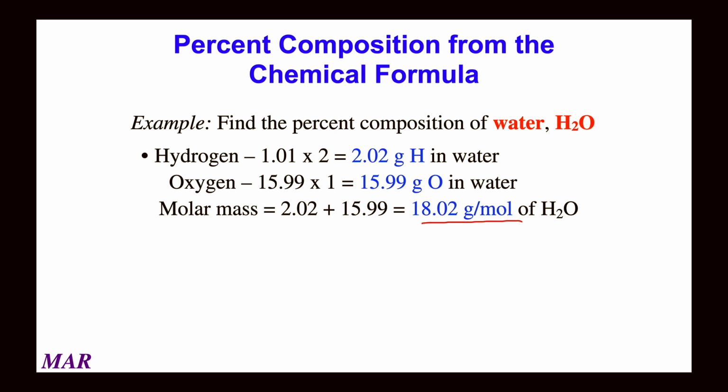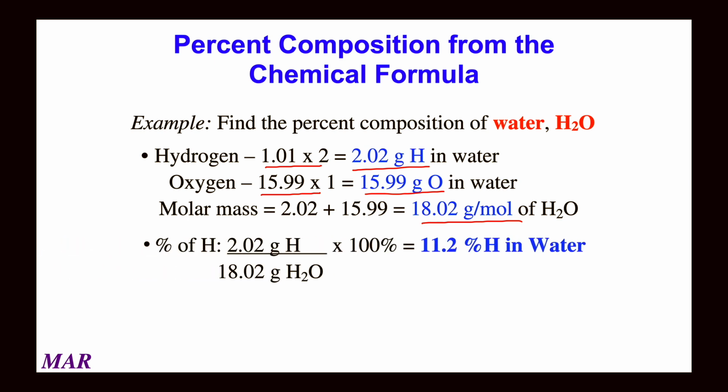The 18.02 came from 2 hydrogens, 2 times 1.01, which is 2.02 grams, and the 1 oxygen, which is this number right here. If you add those together, it's about 18.02. The oxygen is actually 15.999, so it rounds up to 18.02. Sorry about that, that's a little confusing. But anyway, 18.02 is the molar mass of water.